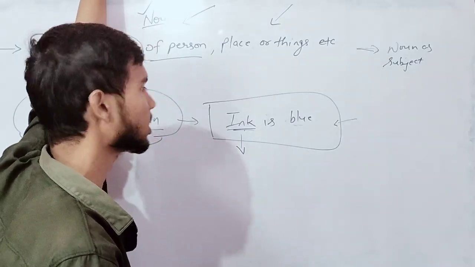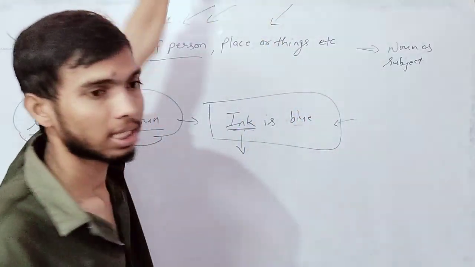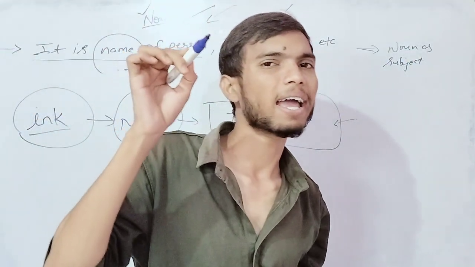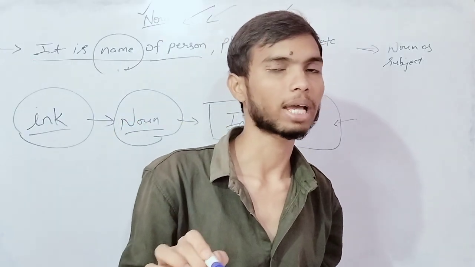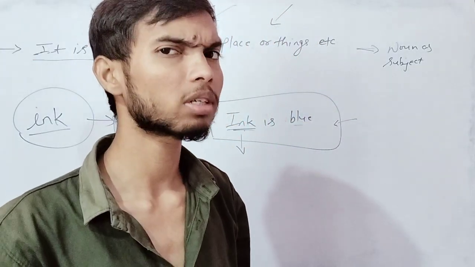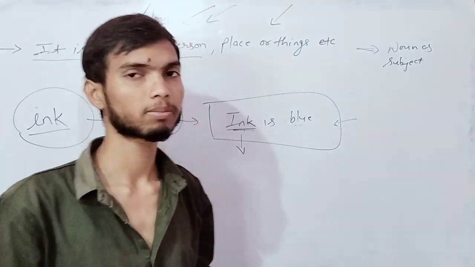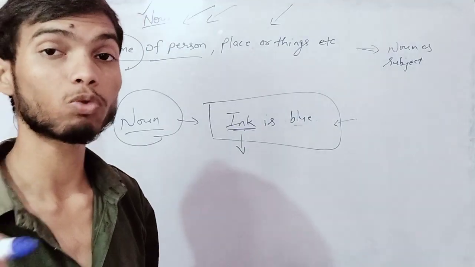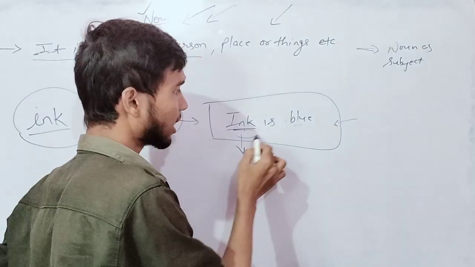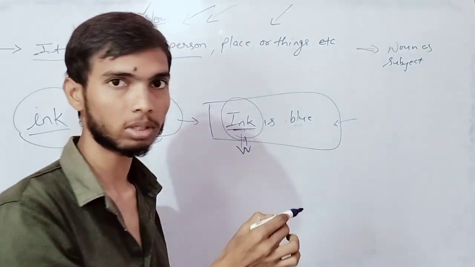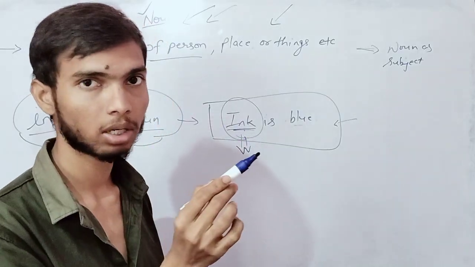Now my question is, can we use a noun word in a sentence in place of an object? As an object. Can you use it? From my side, the answer would be yes. Here, this ink word is a noun. We used it as a subject.